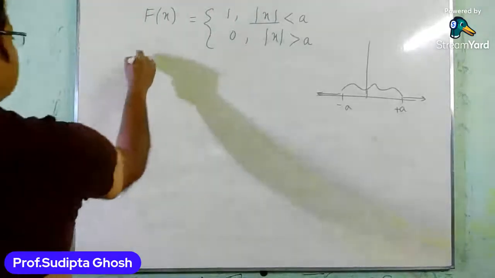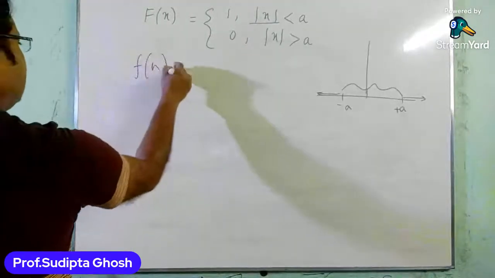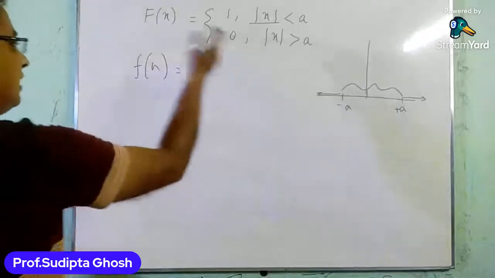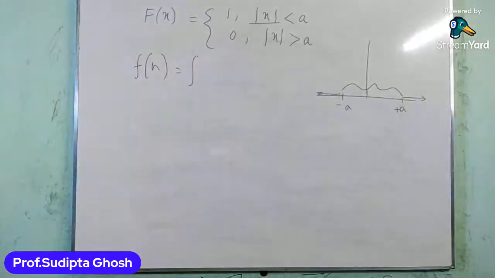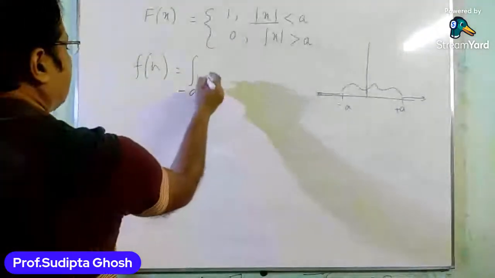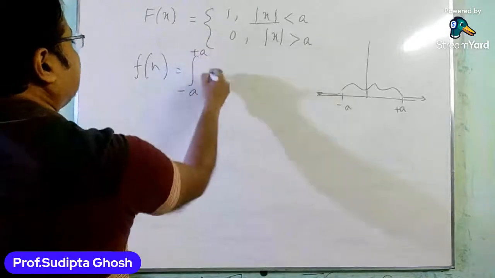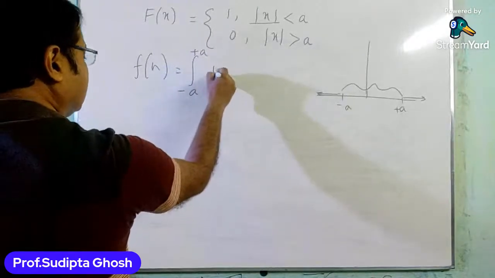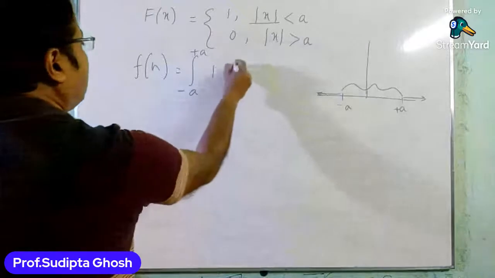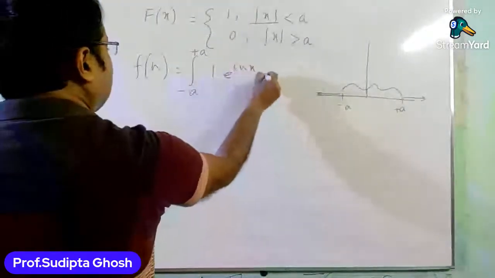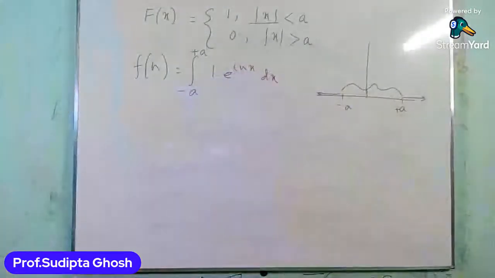So the Fourier transformation, that is f of n, can be written as the integral, where the range changes to minus a to plus a, and the functional value of f of x is 1 here, e to the power i n x dx. So the integration range changes accordingly.